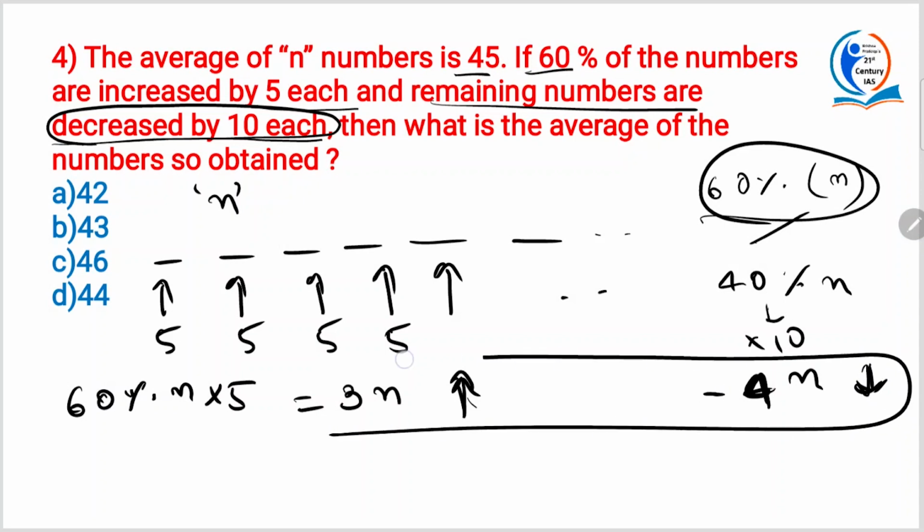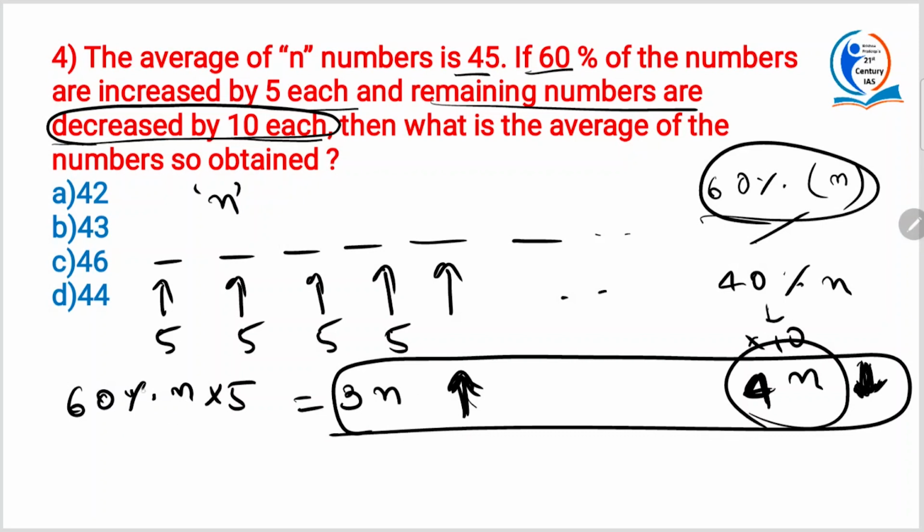So net increase or decrease is sum of these two, no? Because it is decreasing, we are putting a minus sign here. Okay, so 3n minus 4n is equal to minus n. This is increase, this is decrease. That's why we are putting minus sign. Or else if you didn't understand this minus sign, subtract this number 4n from 3n.